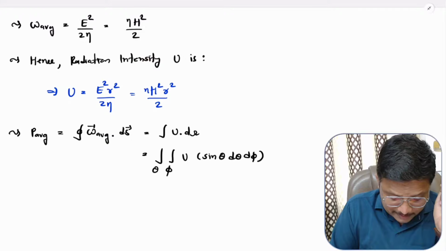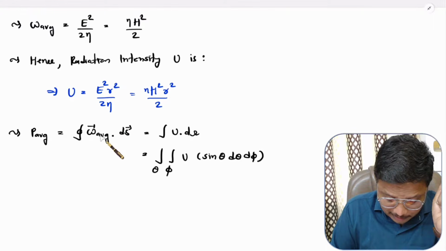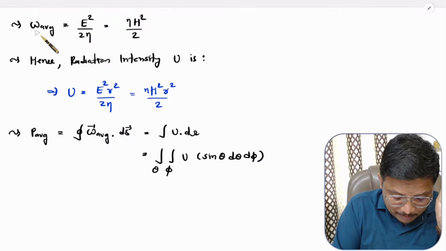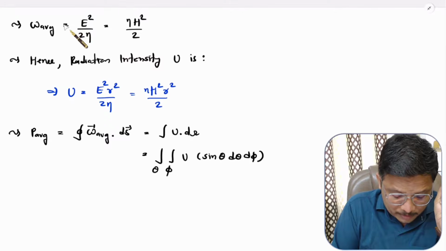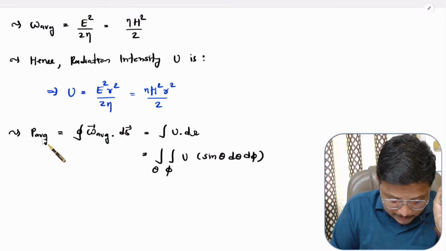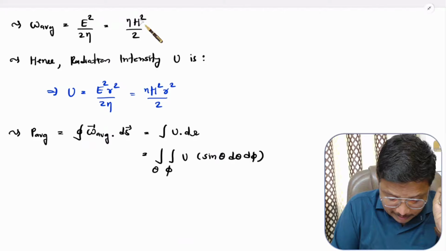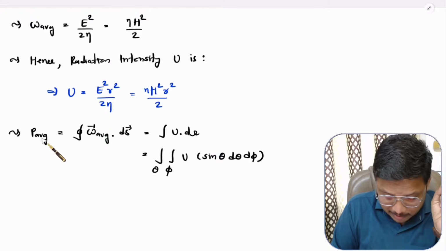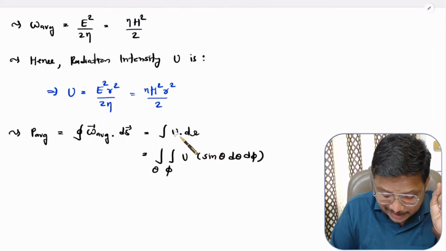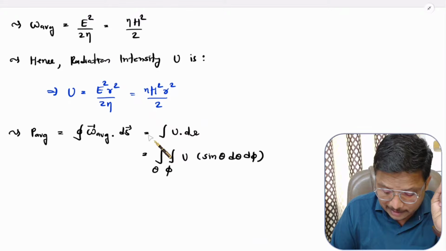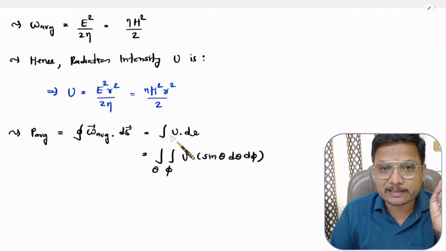So based on that, you can say average power is directly proportional to average power density, which is also directly proportional to electric field square, as average power density is directly proportional to E square. You can also say average power is directly proportional to magnetic field square, as well as directly proportional to radiation intensity U, because average power is the solid angle integration of radiation intensity.